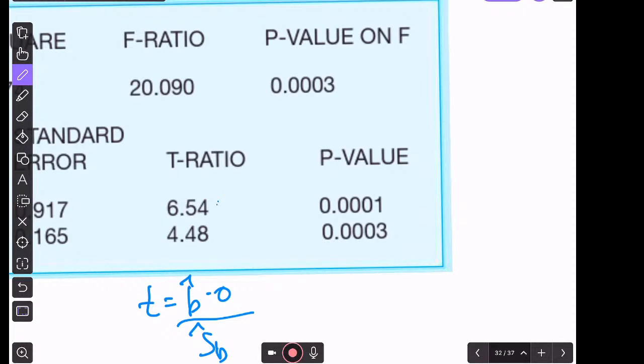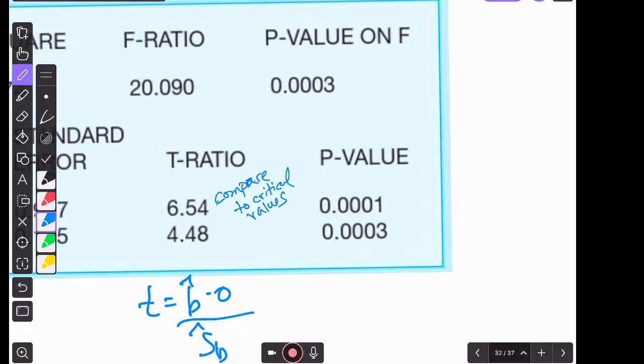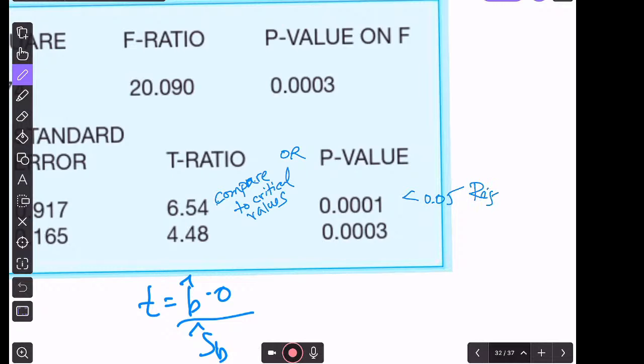So one approach is to compare to critical values, or just look at the p-value. They give you both output here. So you have to make the interpretation: since this is less than 5%, you reject the null hypothesis, and this is less than 5%, you reject the null hypothesis.